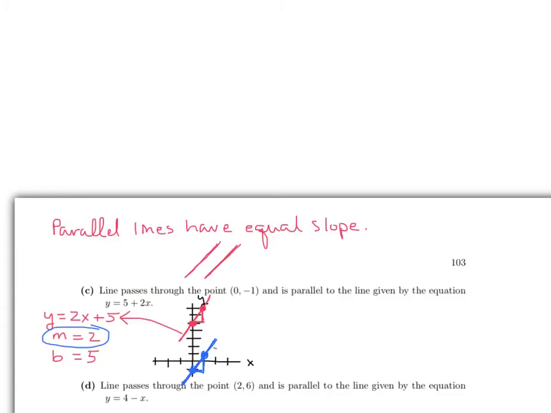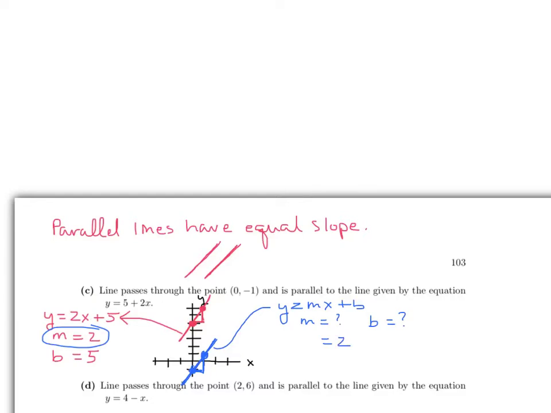So that line will have an equation y = mx + b, and we need to figure out the m and the b for this line. Well, the m is the same as the m from the other line because the lines are parallel.